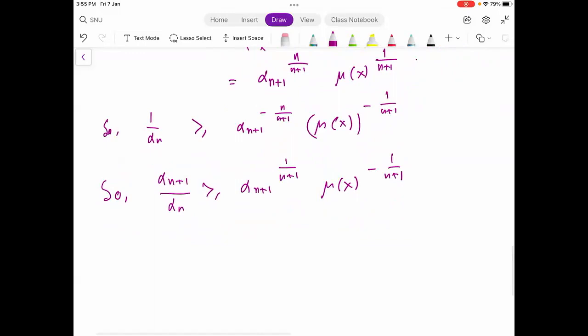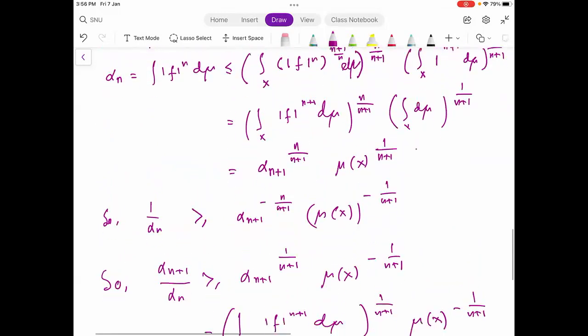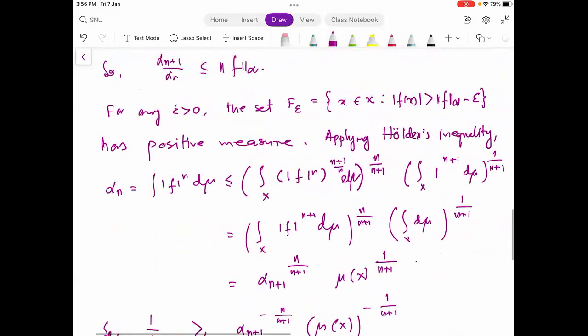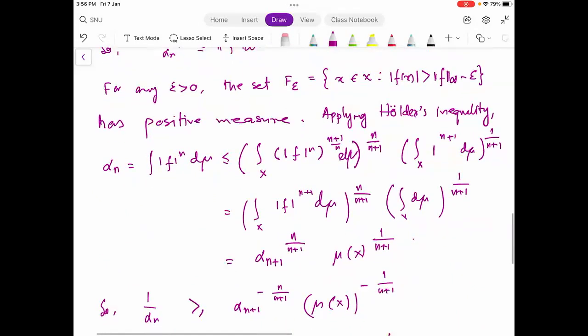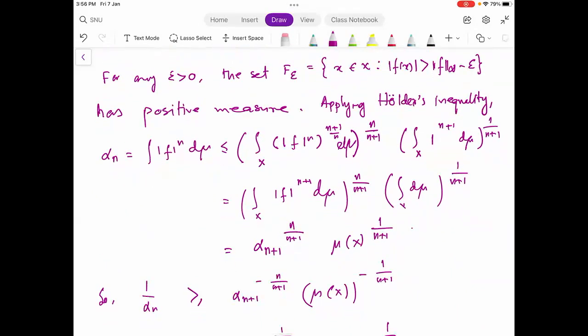Now alpha n plus 1, let me write once more what alpha n plus 1 is. Just in case this is getting too cumbersome, see what I did is as follows. Maybe I shouldn't have introduced f epsilon that early. I could have introduced it later.